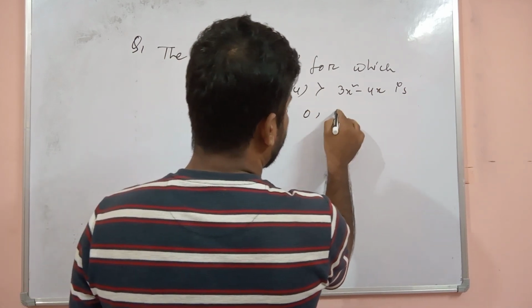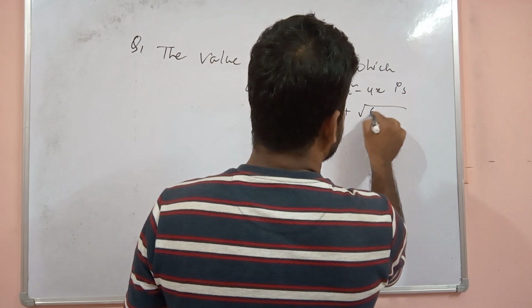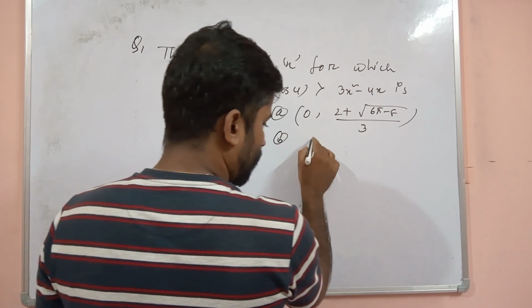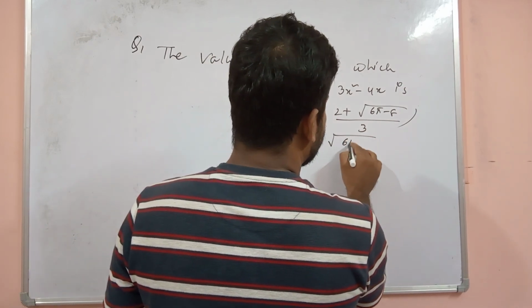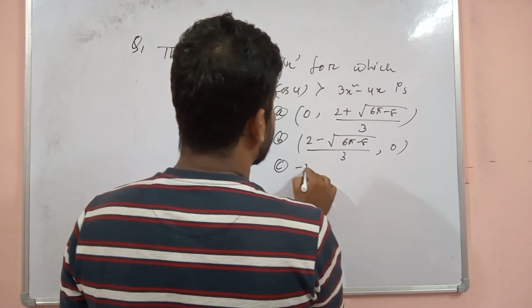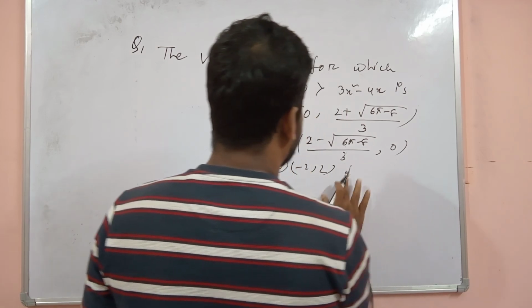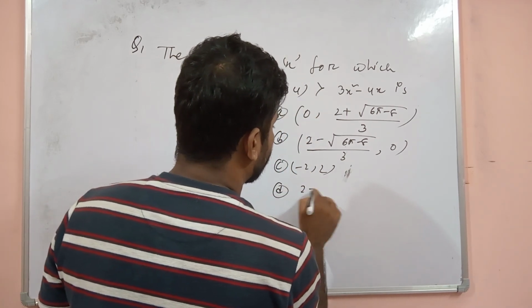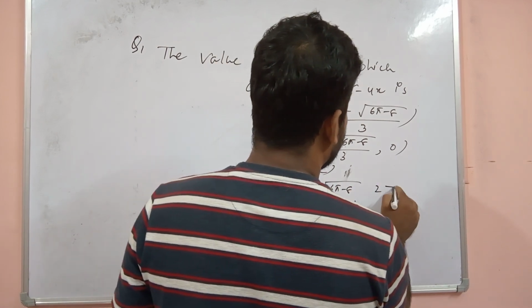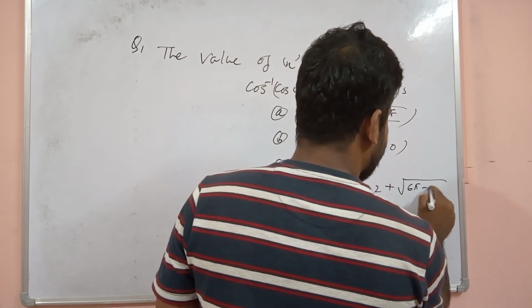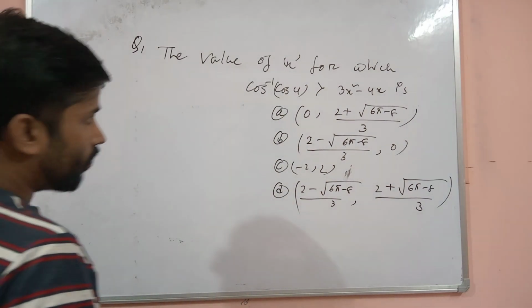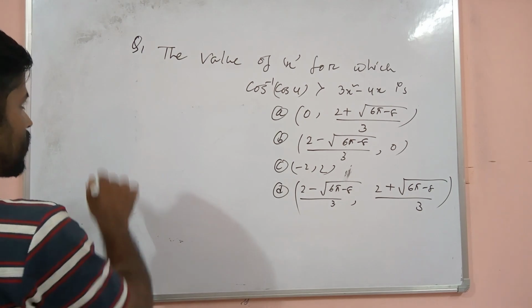Options are: A, 0, 2 plus root over 6 pi minus 8 by 3; B, 2 minus 6 pi minus 8 by 3 comma 0; C, minus 2; and the last option is D, 2 minus 6 pi minus 8 by 3 comma 2 plus 6 pi minus 8 divided by 3, okay? So based on the given information we must proceed further, okay?